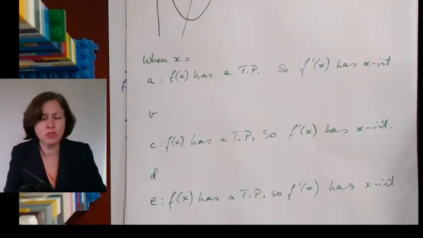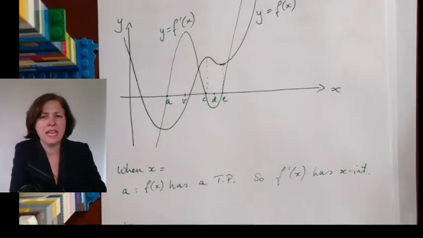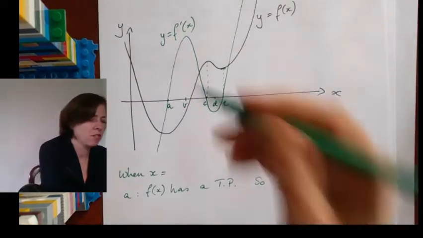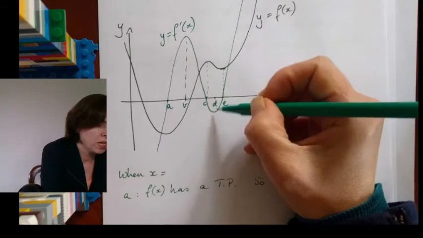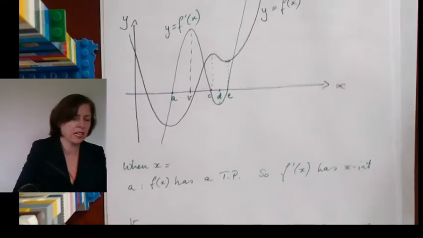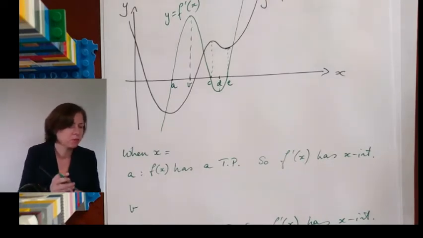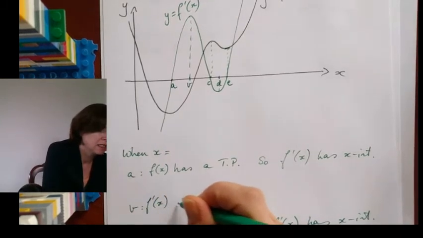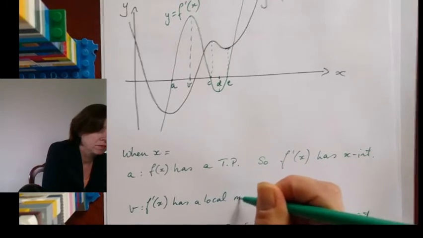But what I'm really interested in are the other two points that I've marked in, B and D. B is a turning point on f dash of x. And D is also a turning point on f dash of x. So what does that signify for my original graph? Now, let's look at B first of all. f dash of x has a local max.